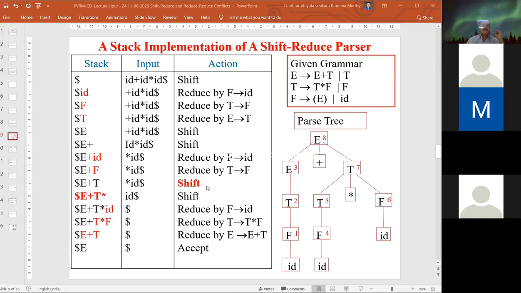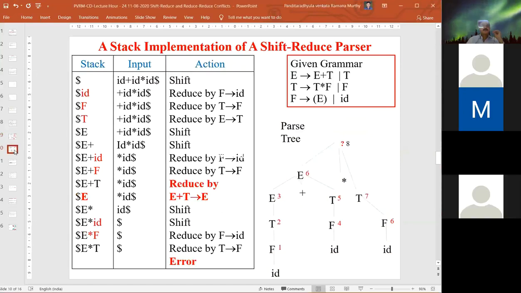So here we identified two options. We chose one option in this particular step, the shift operation. Now what happens if you choose the reduce operation? That we'll see now. Till this particular step, all the steps are the same, but we deviated here.